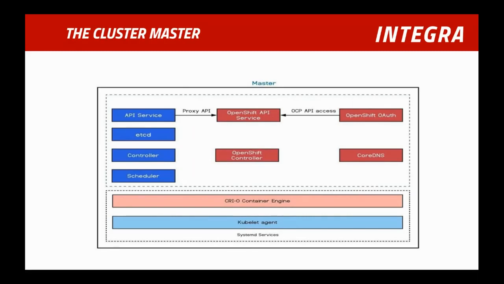Normally, a user communicates to this API service and it authenticates against the OpenShift OAuth operator that is installed. Normally, a user will not communicate directly to the Kubernetes API service. It will create the connection to the OpenShift API service, and the request could be proxied back.